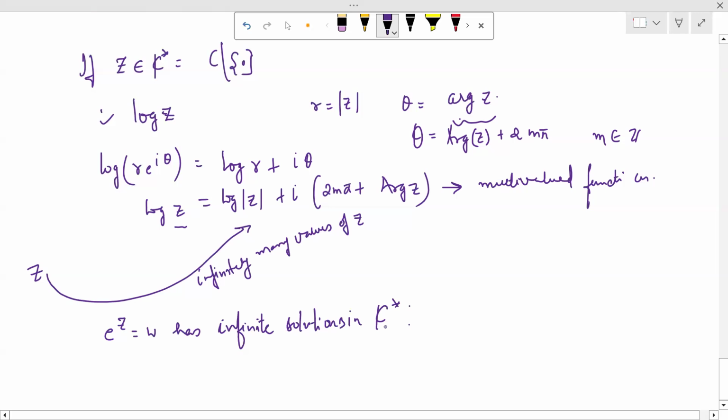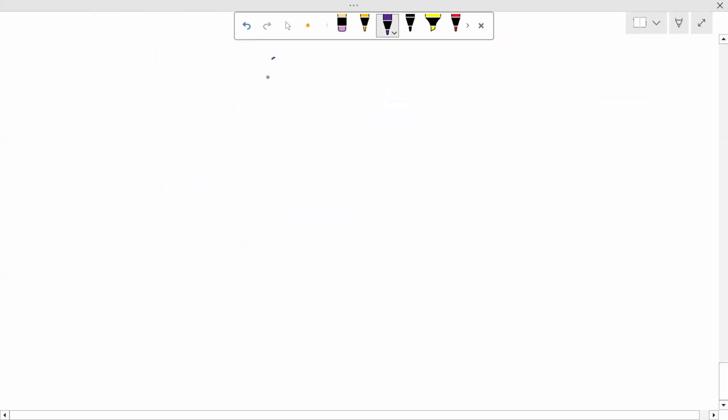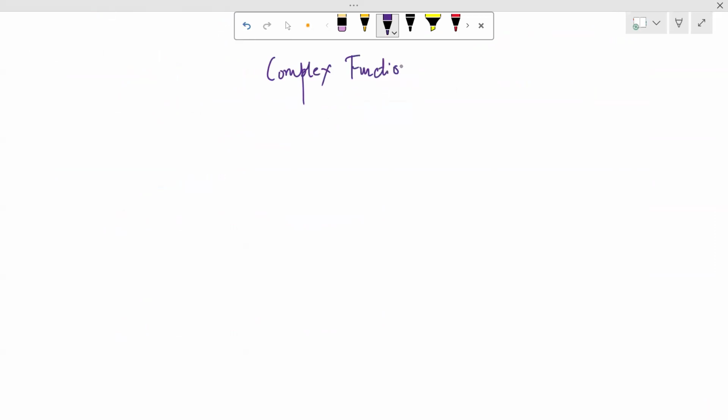So in general, we can define complex functions in two ways. To just summarize today's lecture, we have only done single valued functions and multi-valued functions.